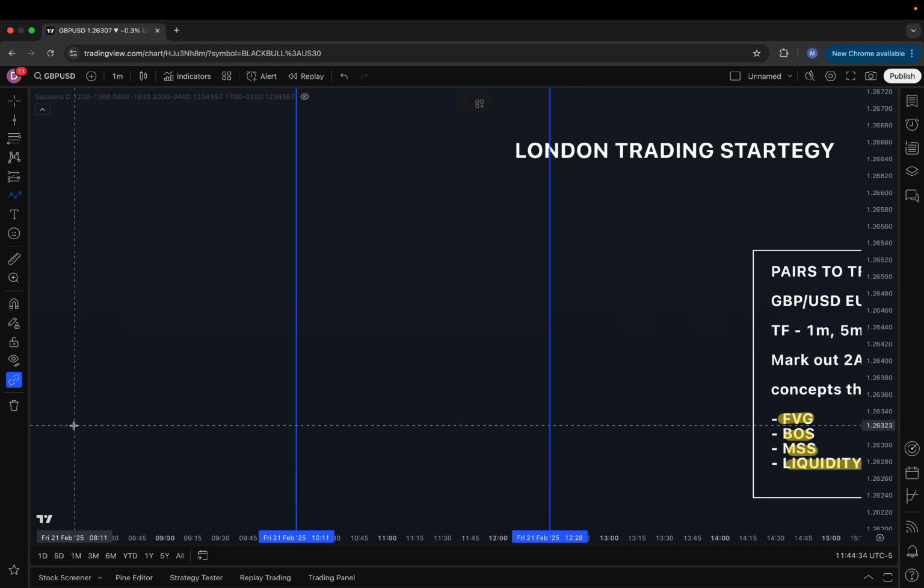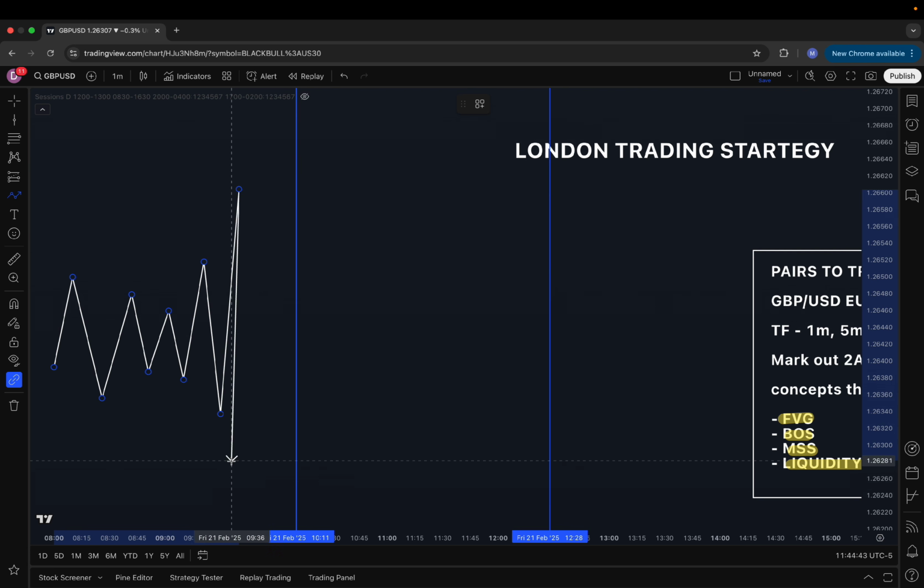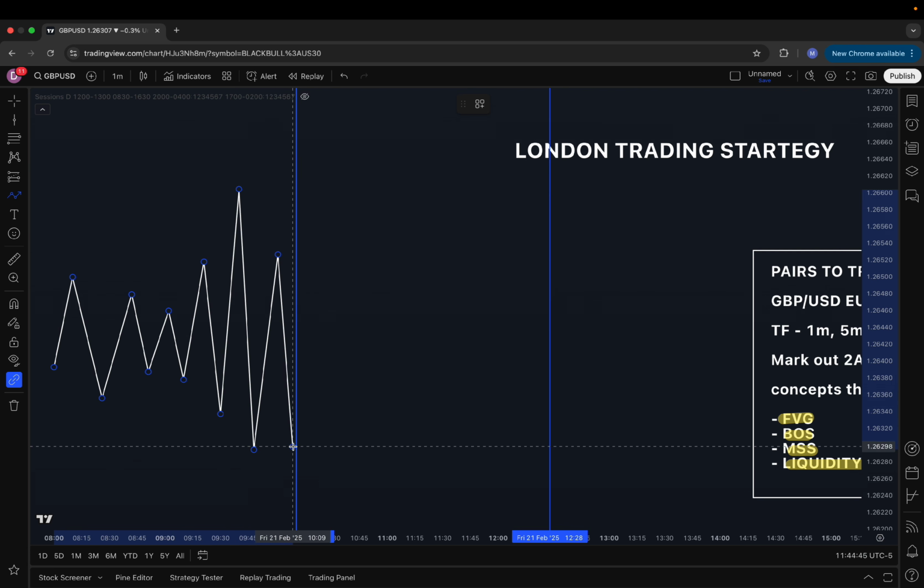Let's say this is what's happening during the hours before 2 till 5. We have all of these highs and lows being created, and then we tap into 2 a.m. The 2 a.m. session starts. Now what we want to mark out is the high and the low before 2 till 5.